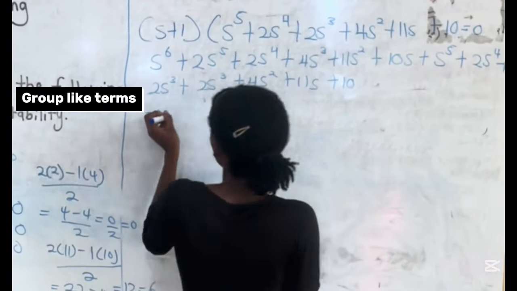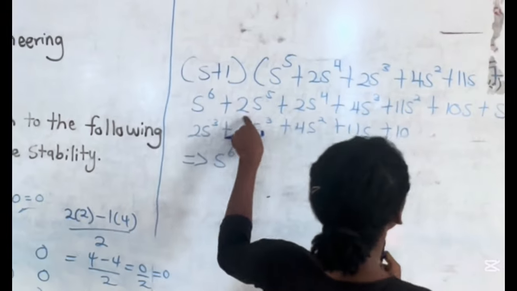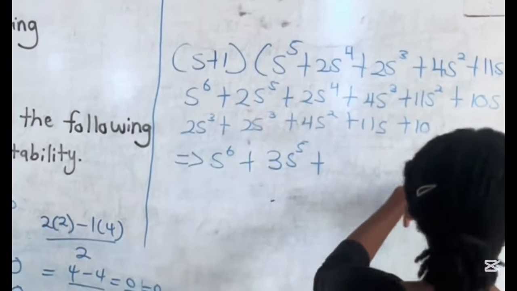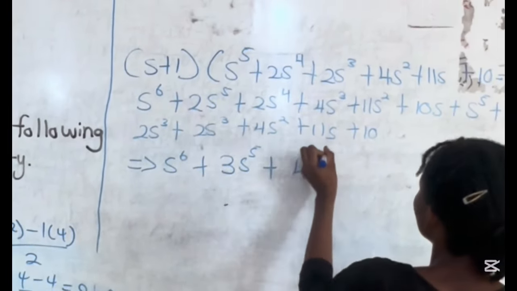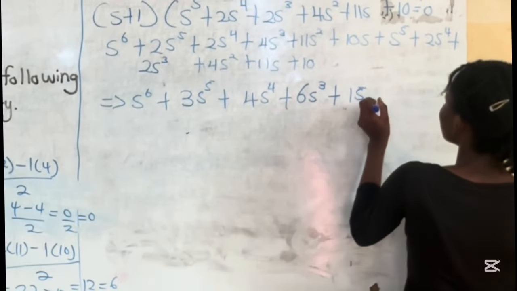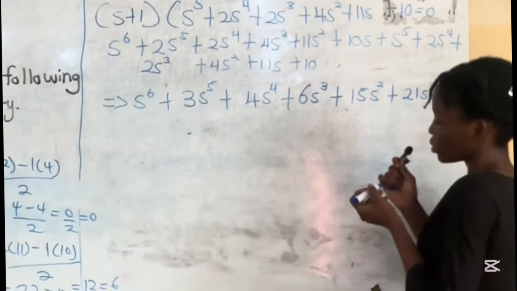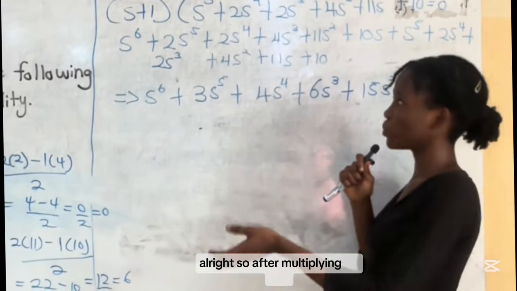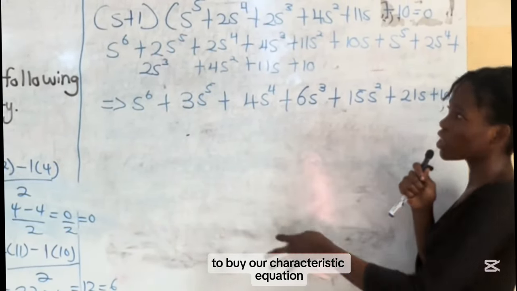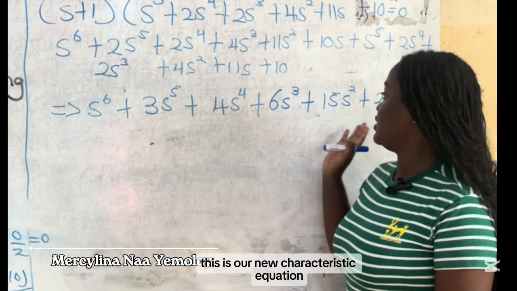So we have, all right, so after multiplying s plus 1 by our characteristic equation, this is what we had. This is a new characteristic equation.